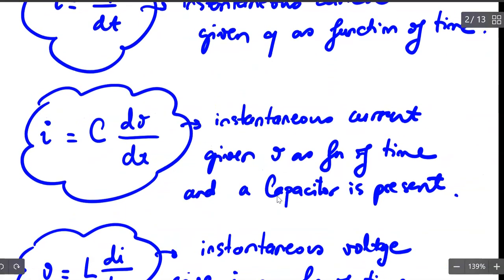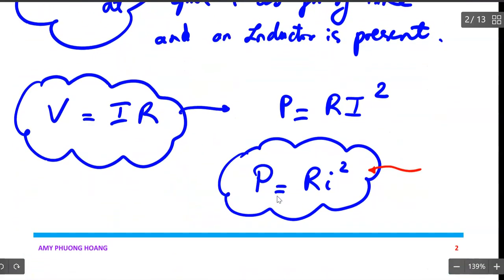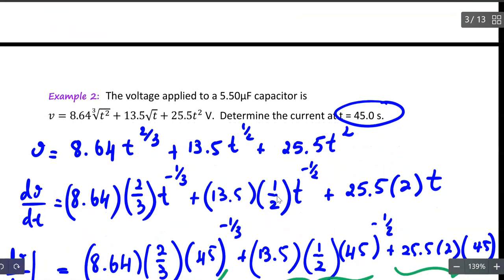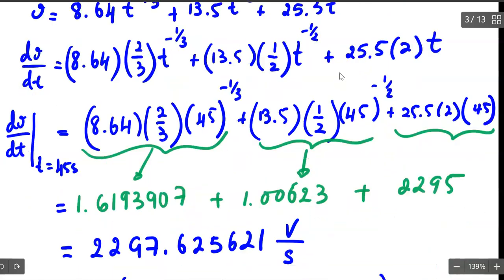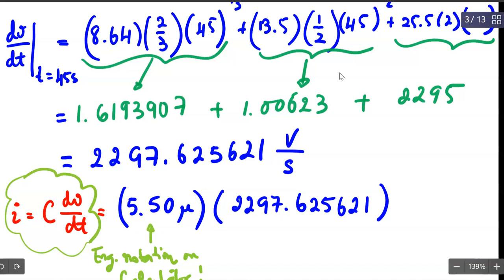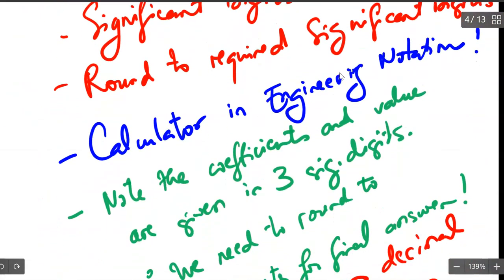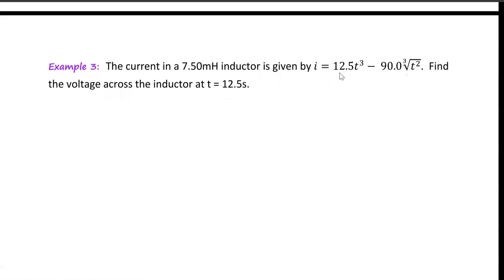And I give a reminder for everyone of the terminologies of what all of the formulas mean. So for example number 2, you are given V, okay, as a function of time. You are also given the capacitor and asking for the current. So we know that we need to use these formulas right here. Okay, and for example number 3, we are going to work with finding the voltage across an inductor.